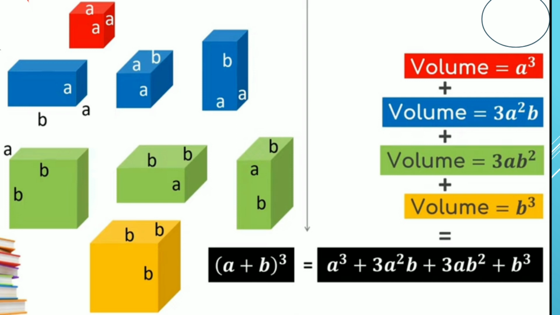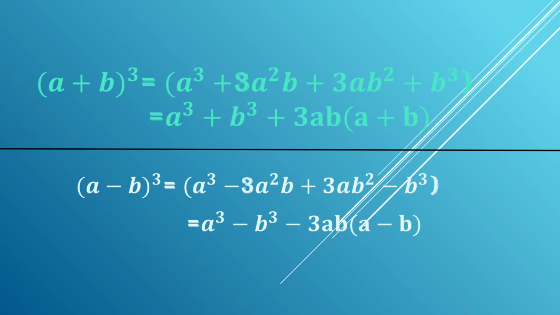We will put the addition sign between them, and at the end we will get the formula, that is a cube + 3a square b + 3a b square + b cube. And at the end, in the same way, you can write over here that we have generated the formula of (a + b) whole cube.